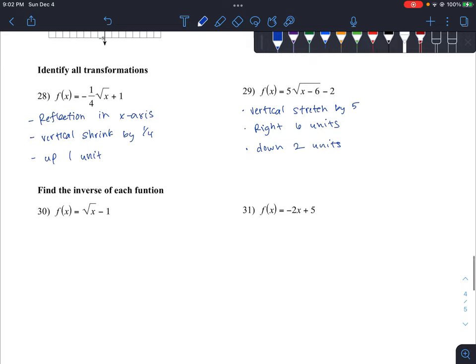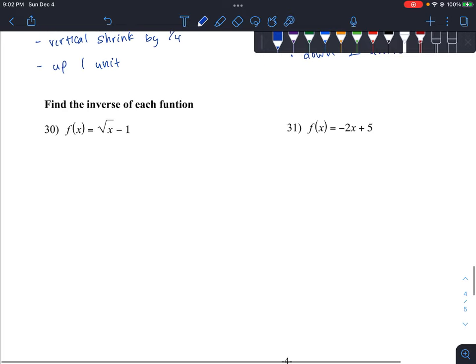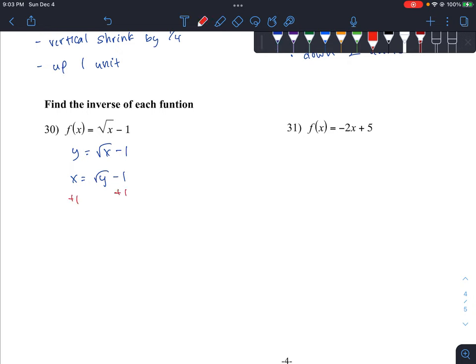Okay. For 30, find the inverse of each function. Now, the steps for finding the inverse is make it y is equal to the square root of x minus 1, and then swap the locations of x and y. So x is equal to the square root of y minus 1. So we're going to add 1. We're going to solve for y, so plus 1 plus 1.